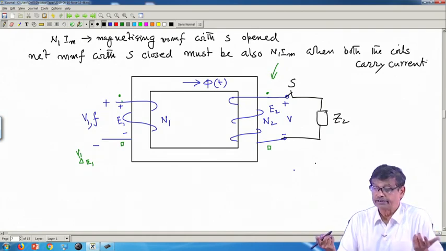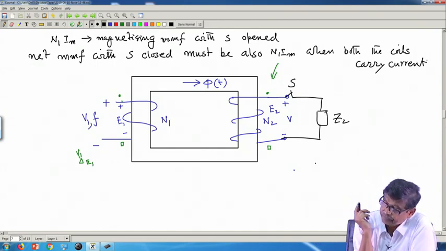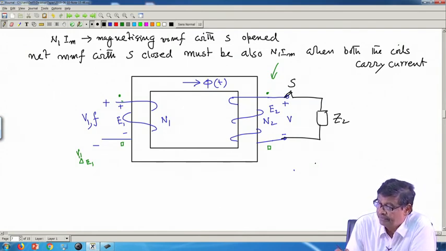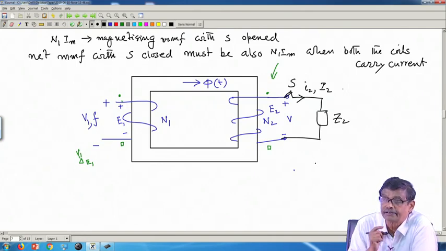Now, how can such a thing happen? Let us see. Suppose you now connect this switch, it has become a seat of EMF. Therefore, it will deliver some current I2, RMS value of that current is suppose I2, instantaneous current.